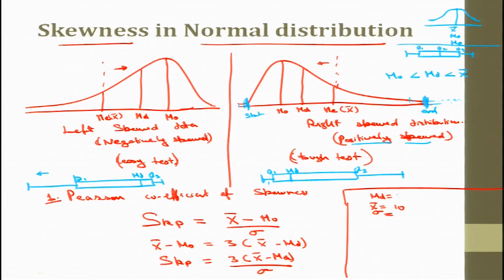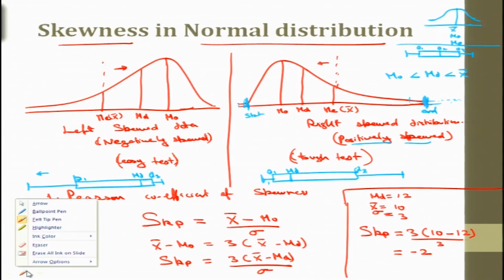Median is equal to 12 and standard deviation is equal to 3. Now, the Pearson mode coefficient of skewness would be 3 times x bar minus median divided by standard deviation. So, this value comes out to be minus 2.